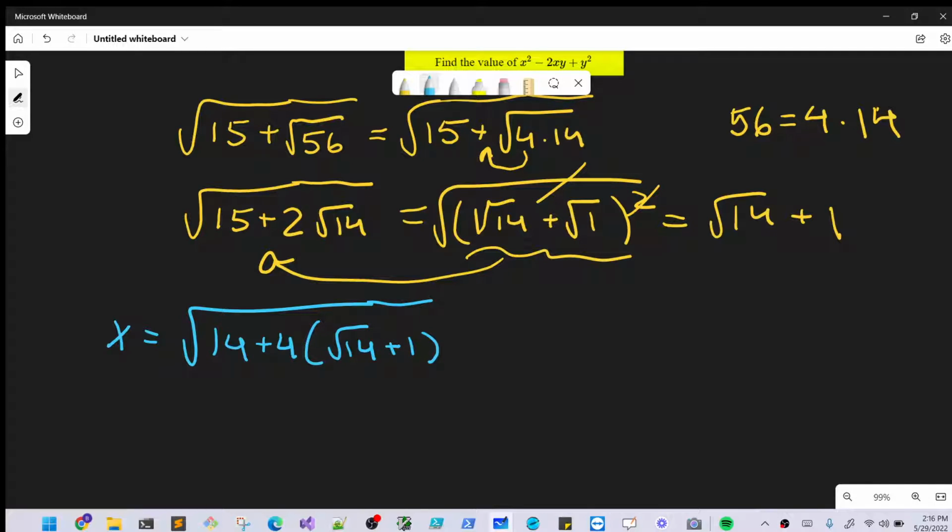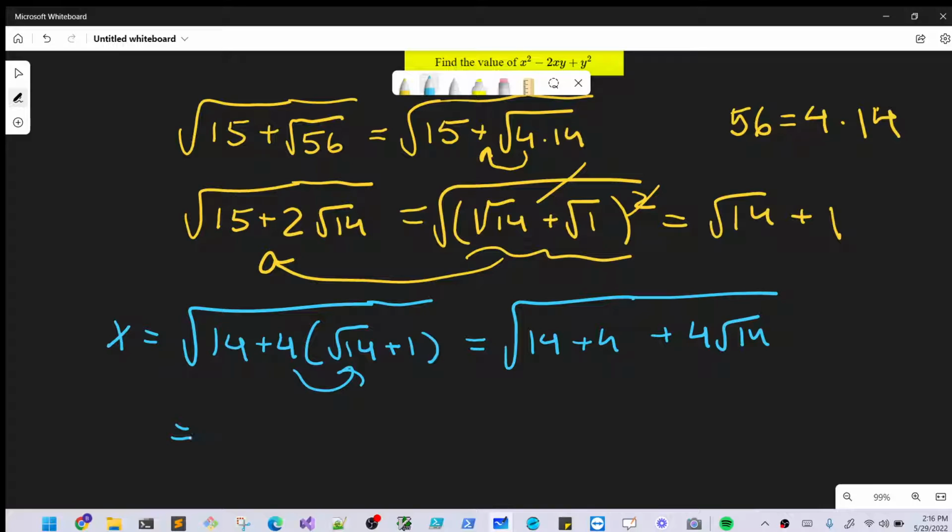And then we'll just distribute this 4. And we're going to have 14 plus 4 square roots of 14 plus 4 times 1, which is 4. So what we're going to end up with is 18 plus 4 square root of 14.